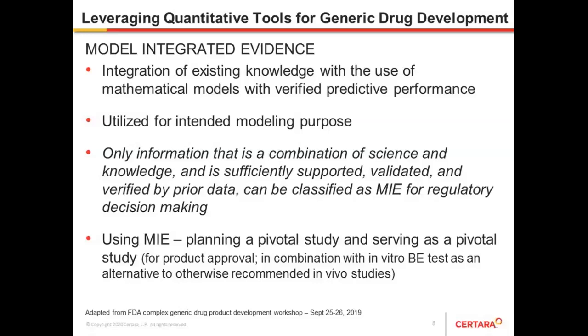And just as an example, this model-integrated evidence can be used to plan a pivotal study, but at the same time, it can reach another level and serve as a pivotal study itself. So a combination of the preclinical data plus knowledge integrated or analyzed with use of the model can be used as a surrogate of the clinical trial.